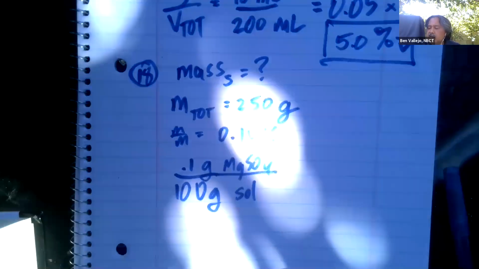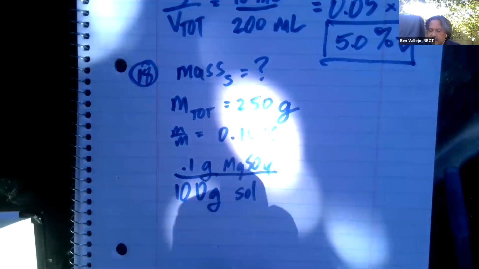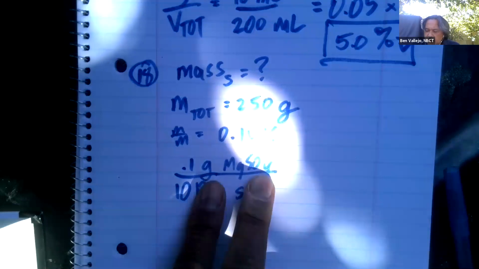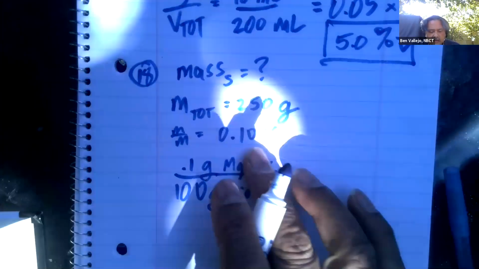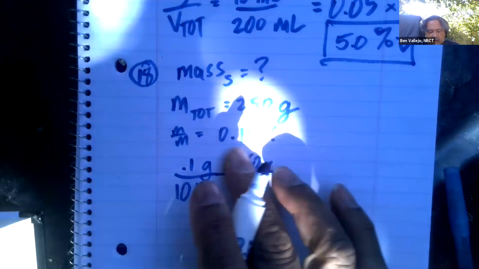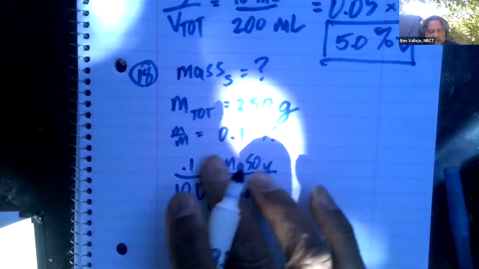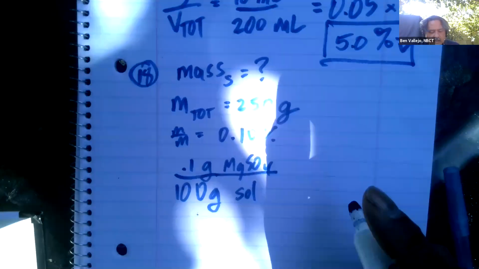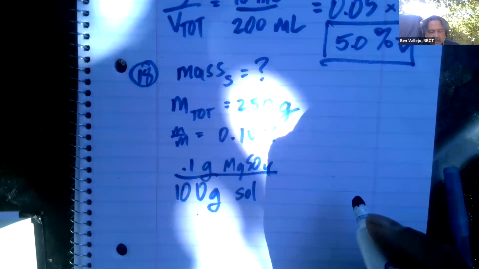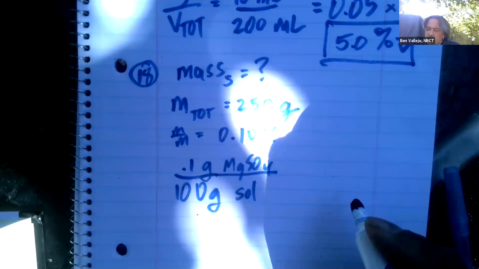Now you have to distinguish between grams of magnesium sulfate and grams of total solution, but this is a conversion factor, and this is what's given to us right there. What else did we have? We want the grams of solute to make 250 grams.